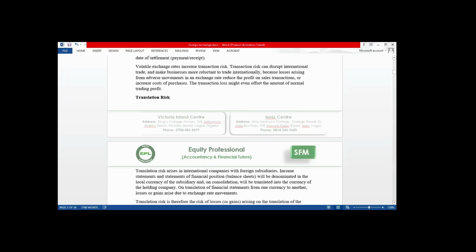The income statements and the statement of financial position will be denominated in the local currency of the subsidiaries. Let me explain that.